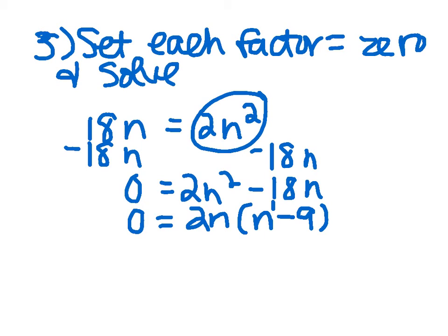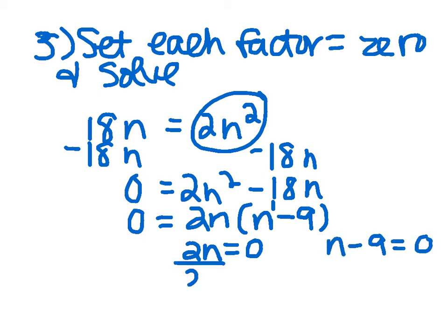Perfect squares all have even exponents. So I go straight to set each factor equal to 0. Either 2n is 0 or n minus 9 is 0. So I divide by 2, n is 0 or 9.